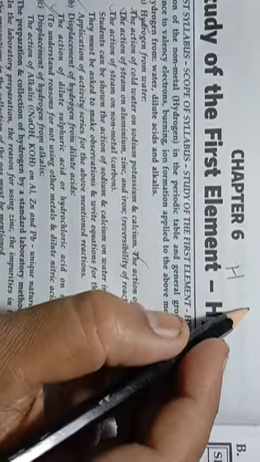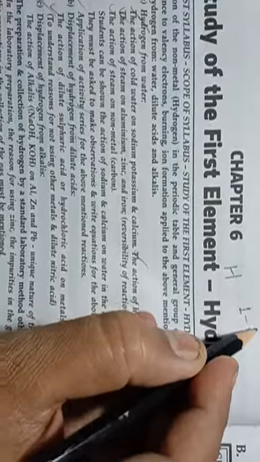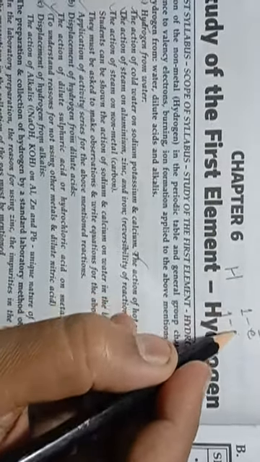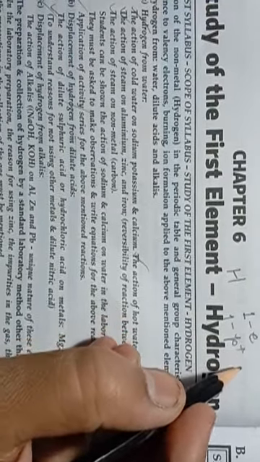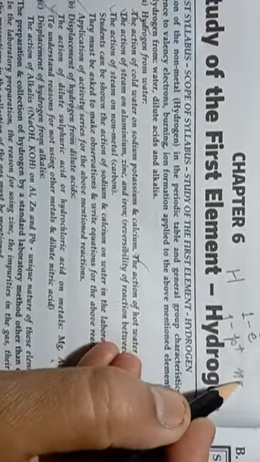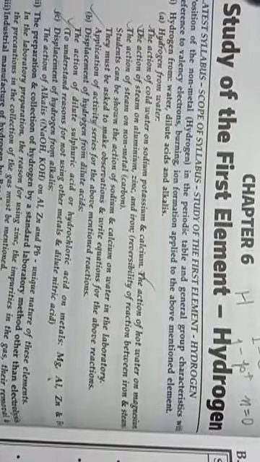So hydrogen has 1 electron and 1 proton. But the number of neutrons equals 0. So hydrogen is the only element in which neutrons are not present.